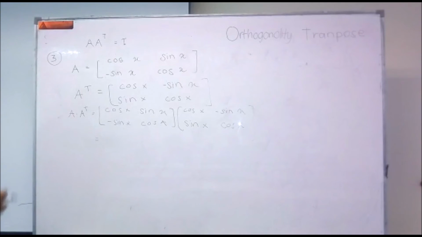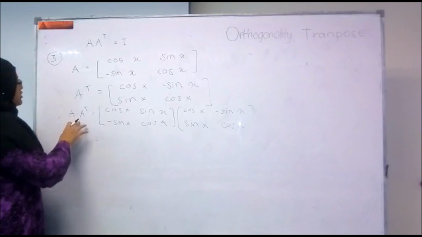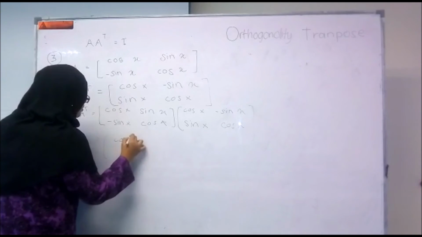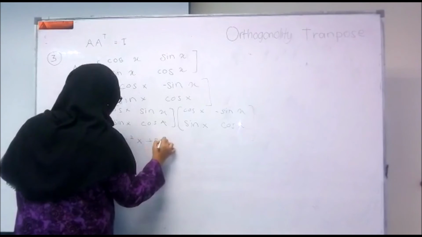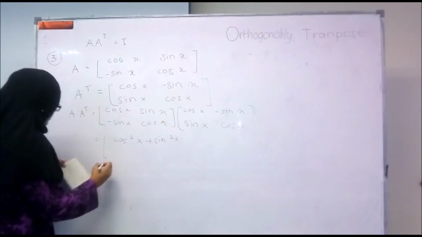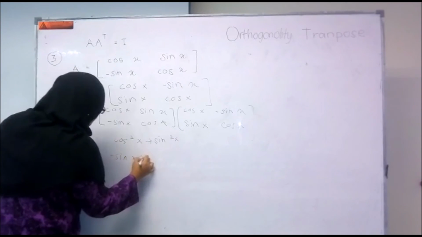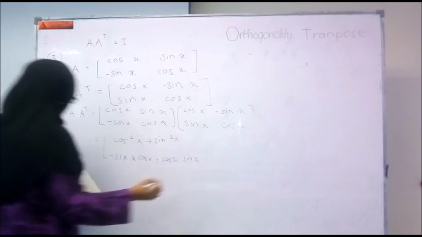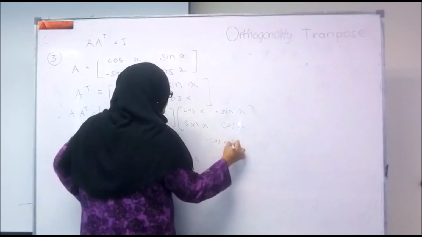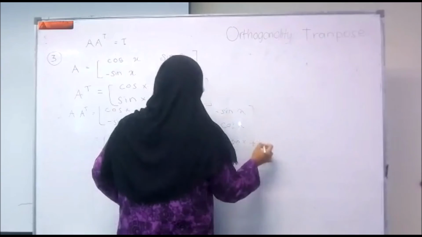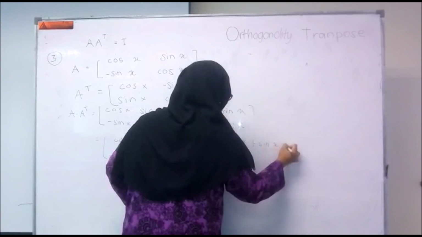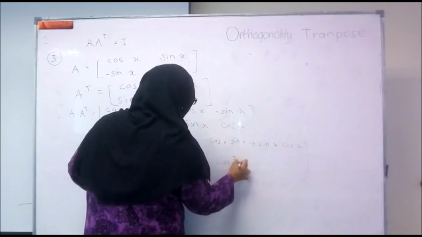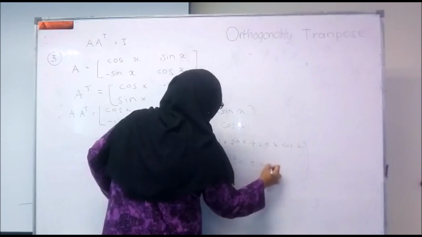Next, the answer for the multiplication of A times A transpose is: cos square x plus sin square x, negative sin x cos x plus cos x sin x, negative cos x sin x plus sin x cos x, sin square x plus cos square x.